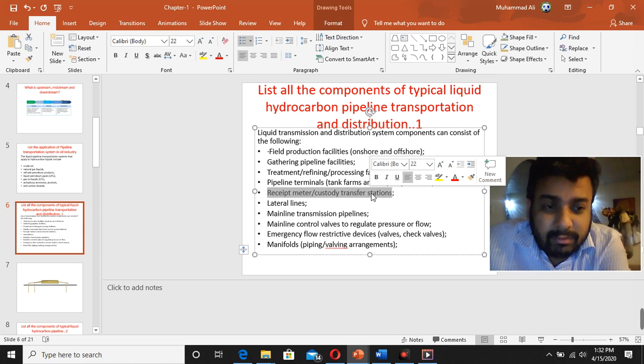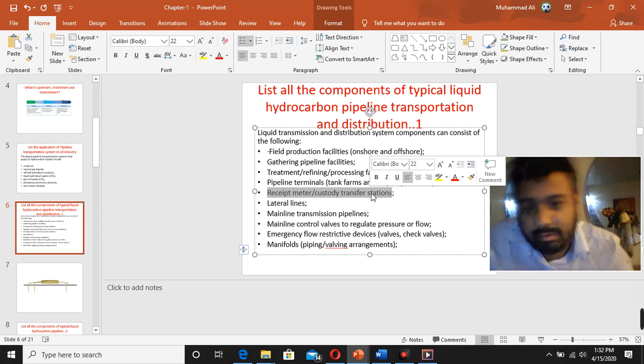If you transfer this 50,000 barrels per day to the government or to a refinery, you need to calculate how much you sold. So we have flow meters, which can calculate the number of barrels just by using those devices.